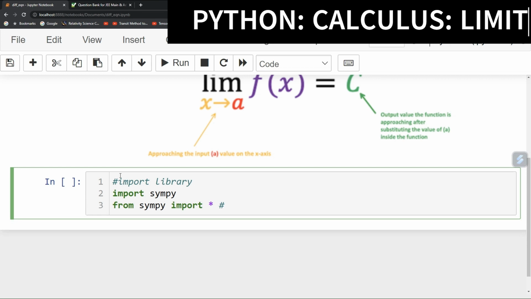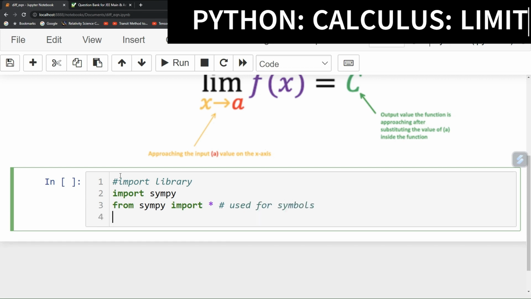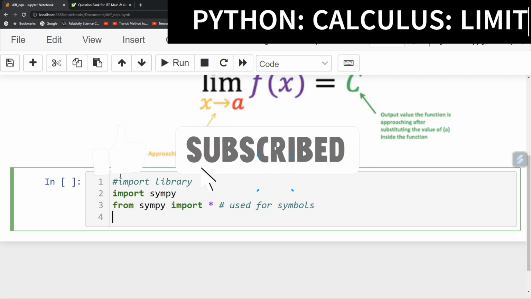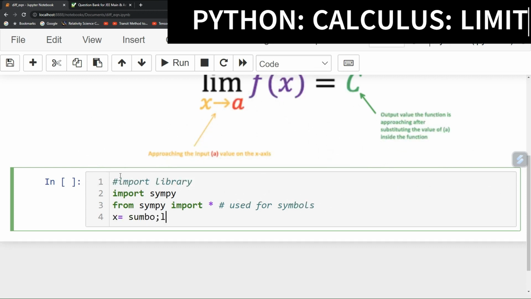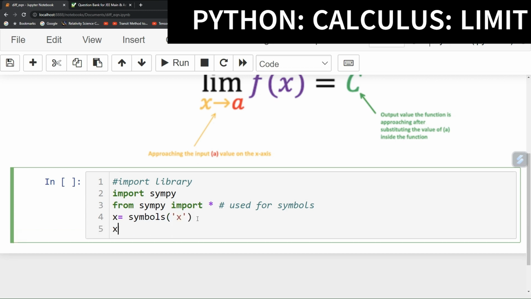This is used for symbols. You can import some symbols, say x equal to symbols, and you define it as the character x. Now you can see that your x symbol has been created.